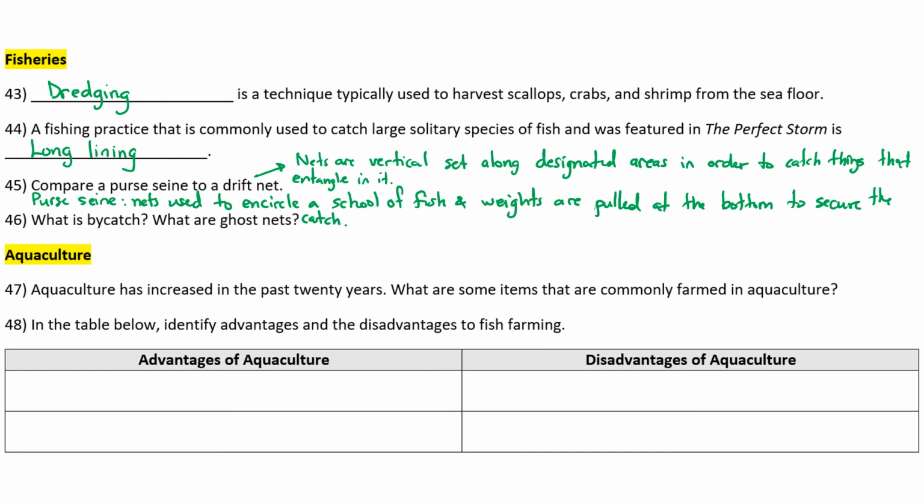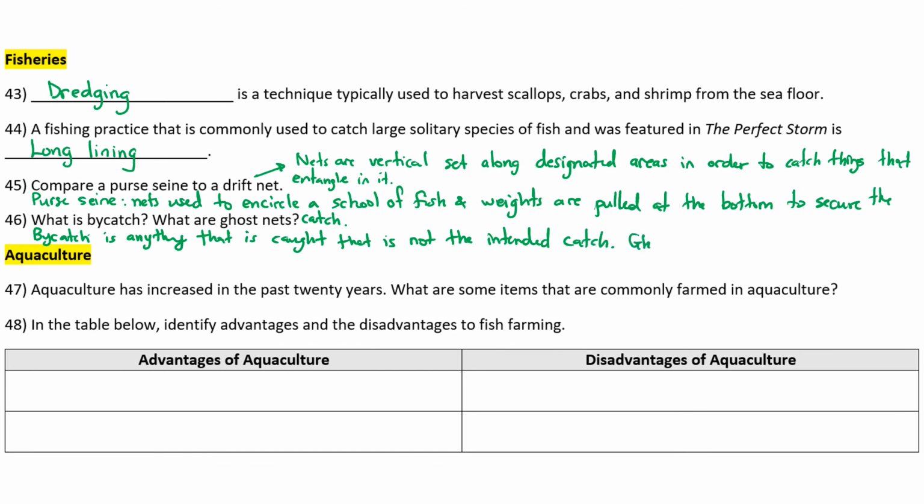46. What is bycatch and what are ghost nets? So bycatch is anything that is caught that is not the intended catch.